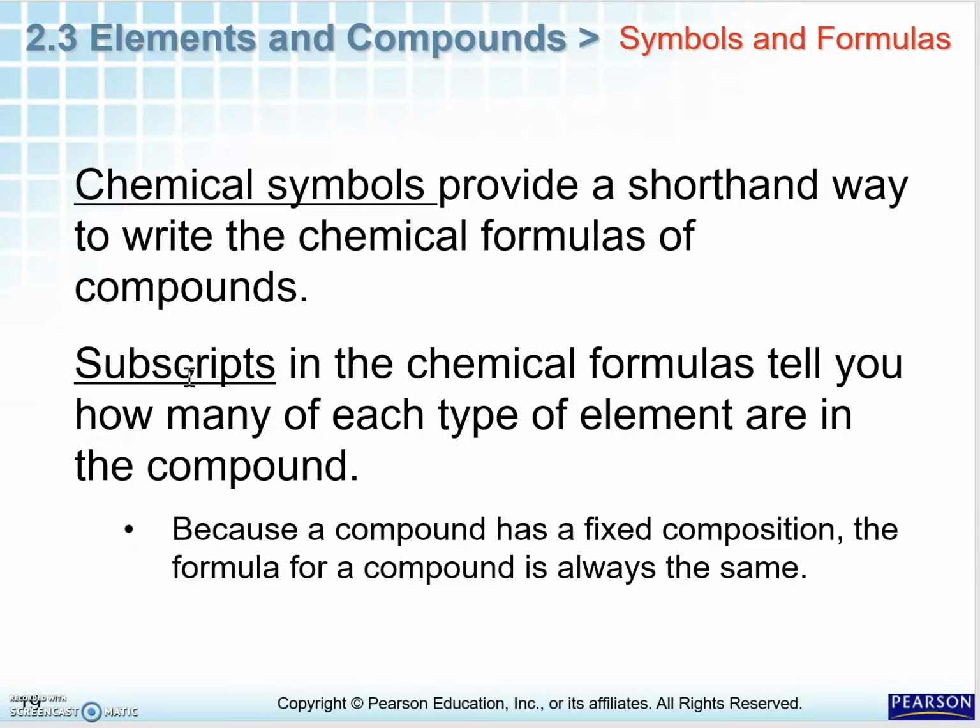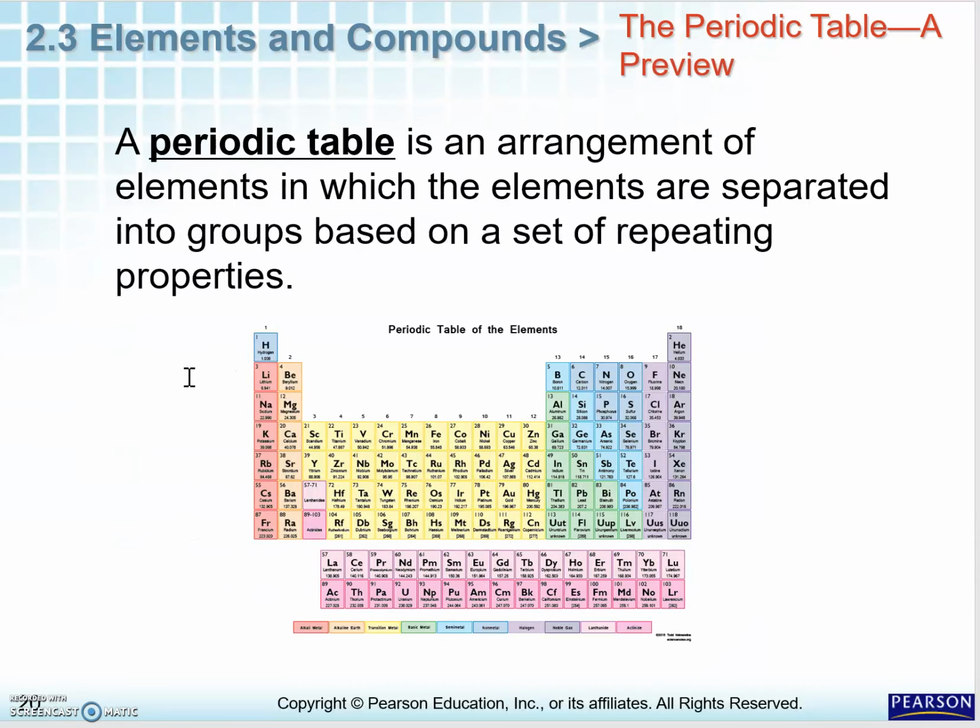So all of these are able to be used, and we usually find the shorthand for these elements on the periodic table. We actually are going to take a look at this further in class, but the periodic table has the elements arranged into groups based on how they react in a chemical reaction.